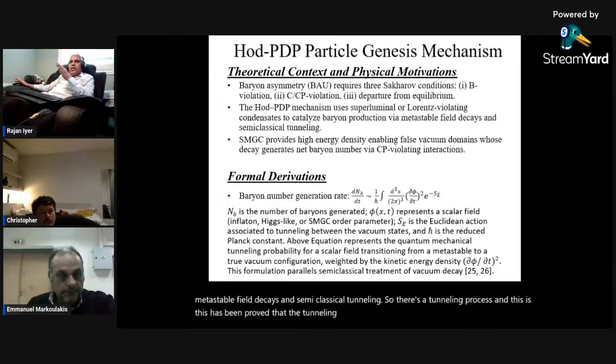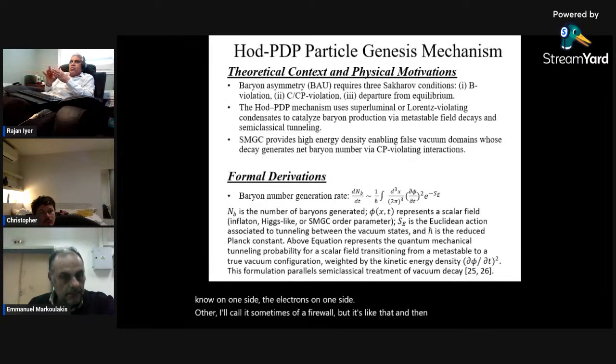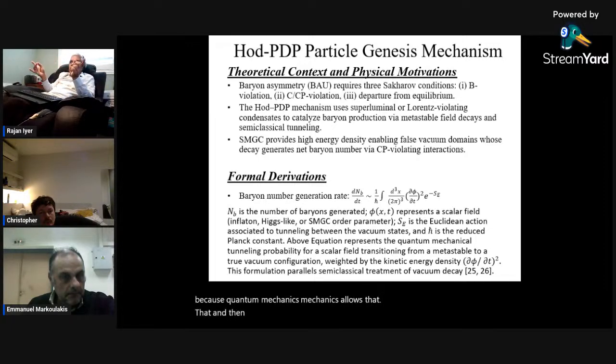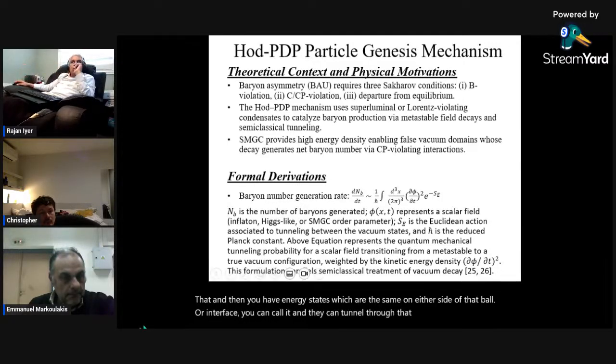Tunneling is like degenerate states, you know, on one side, the electrons on one side of the, I call it sometimes a firewall, but it's like that. And then it can cross over the wall because quantum mechanics allows that. And then you have energy states which are the same on either side of that wall, or interface, you can call it, and they can tunnel through that wall. So it can go through the wall, the field.